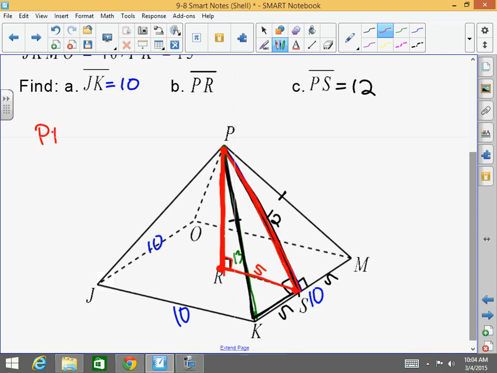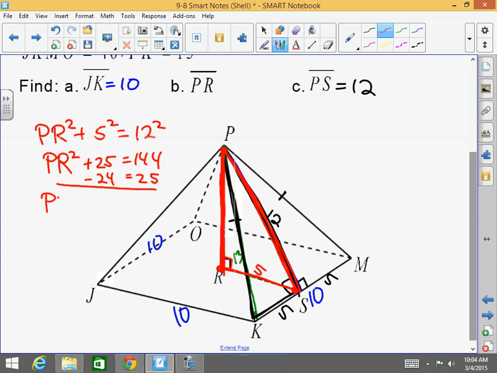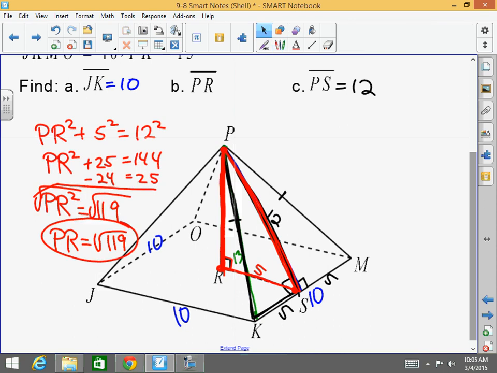So PR squared plus 5 squared equals 12 squared. So PR squared plus 25 equals 144. Subtract 25 from both sides. PR squared equals 119. Square root both sides. PR is the square root of 119. Perfect timing. Does that make sense though, guys?